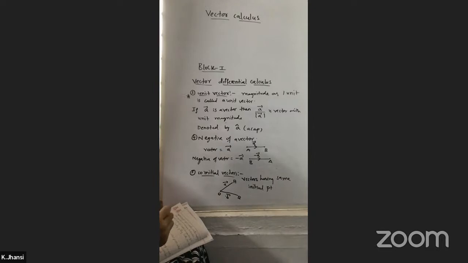These three are mutually perpendicular, along the x-axis, y-axis, and z-axis. Such three vectors are called rectangular unit vectors. So the definition is there.